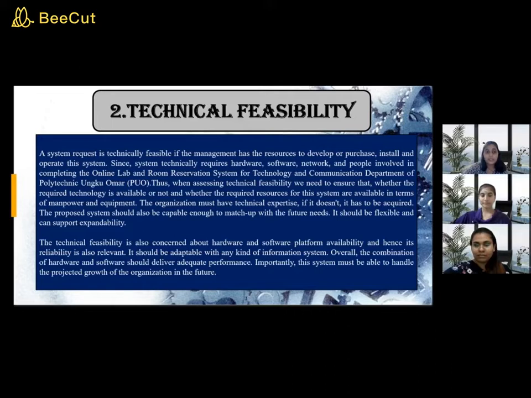It should also be adaptable with any kind of information system. Overall, the combination of hardware and software should deliver adequate performance. Importantly, this system must be able to handle the projected growth of the organization in the future.